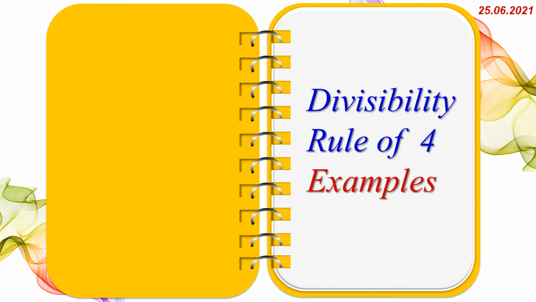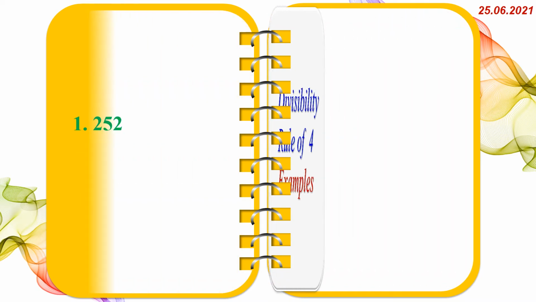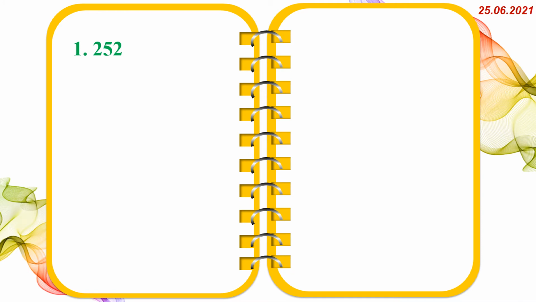Let us understand with some examples. The given number is 252. Here, the last two digits are 52. Let us check whether 52 is divisible by 4 or not. 52 divided by 4.